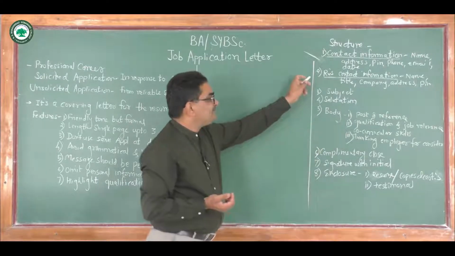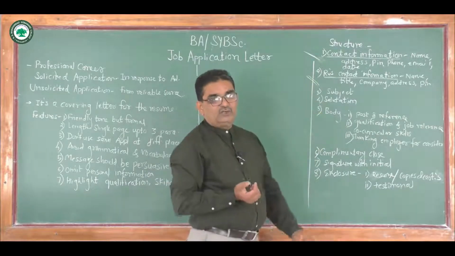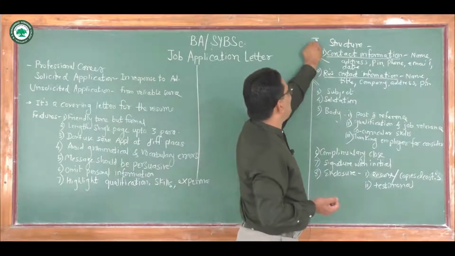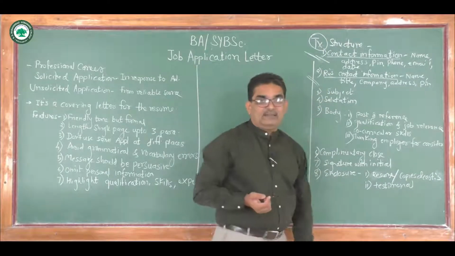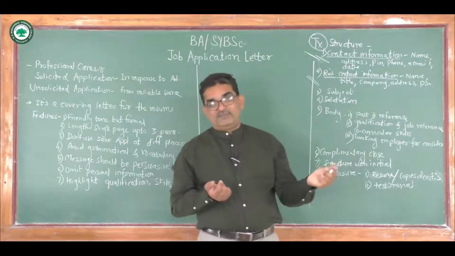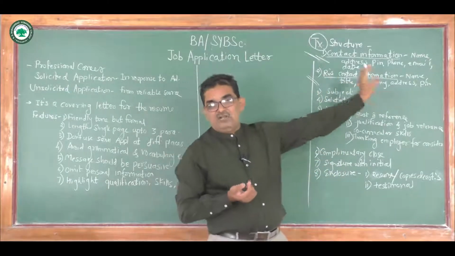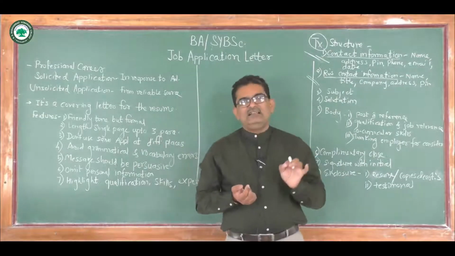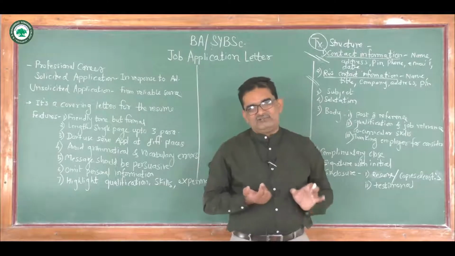Secondly, the receiver to whom you are addressing. Here you are the transmitter. Contact information means you are the sender. That means the sender's information has been mentioned there. Whenever you are writing your name, write first your first name and then your surname.